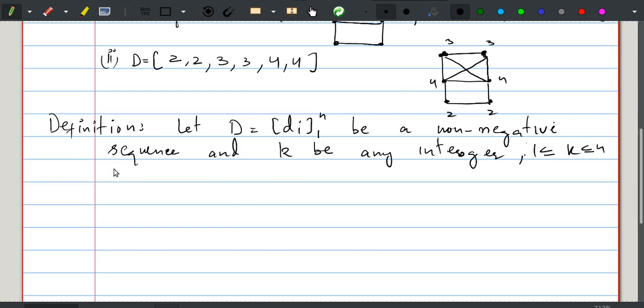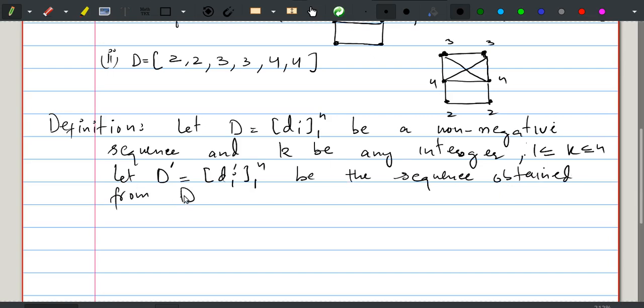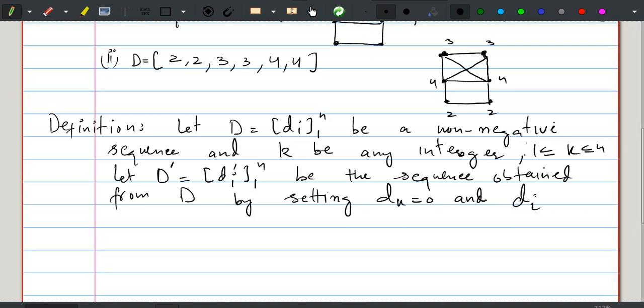Let d prime be another sequence of the same length, containing the elements d_i prime, obtained from d by setting d_k equal to 0 and d_i prime equal to d_i minus 1.